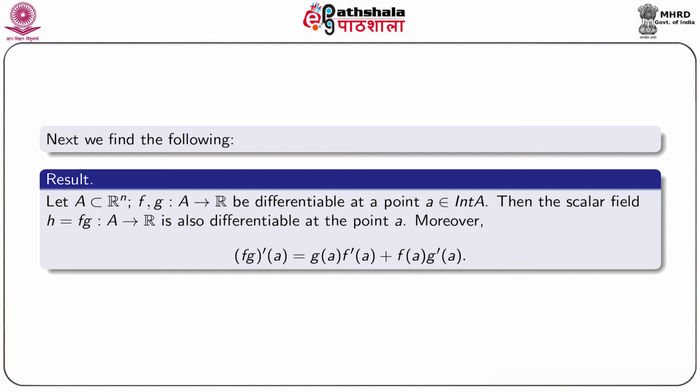Then the scalar field h equal to fg, defined with the help of the pointwise principle over the set A, is also differentiable at the point a. Moreover, (fg)'(a) equals g(a) f'(a) plus f(a) g'(a). So this is nothing but our Leibniz property for differentiable scalar fields.